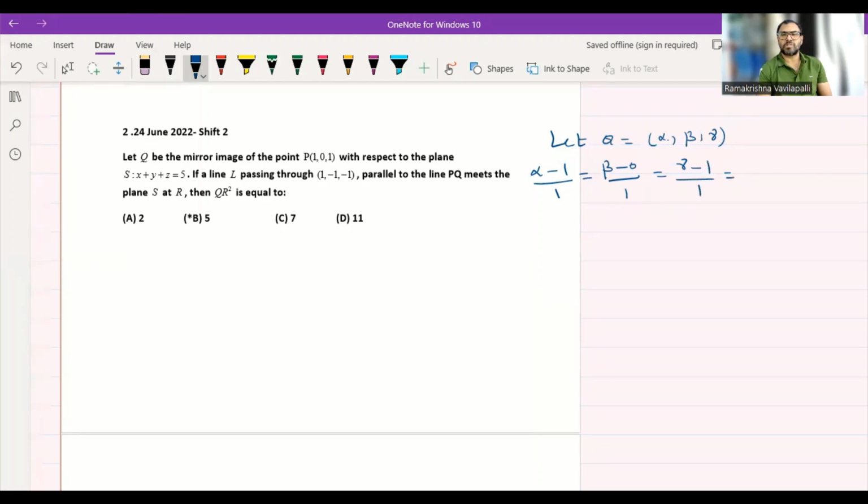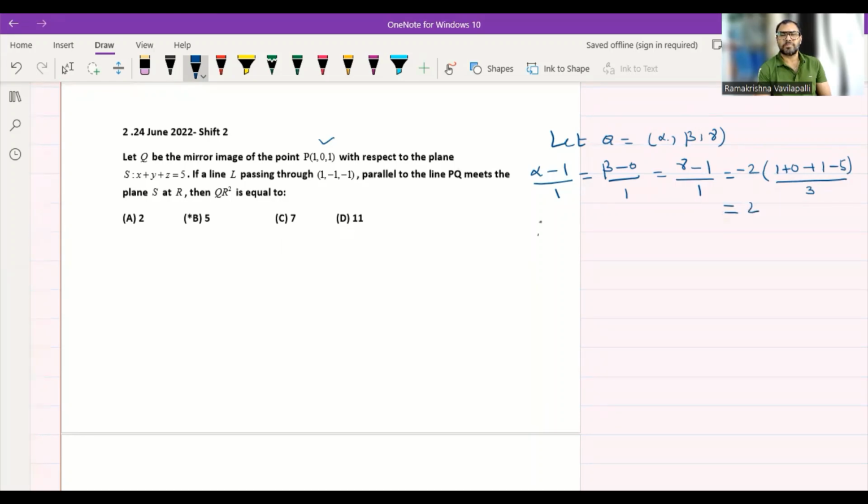This is equal to, we want to find out the mirror image, so minus 2 times of, substitute the point P in the plane, 1 plus 0 plus 1 minus 5 by a square plus b square plus c square, that is 3. So this is equal to, here this is minus 3, minus of minus plus 6 by 3, that becomes 2.